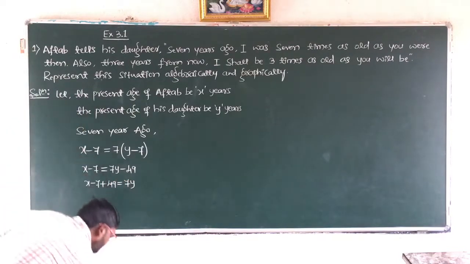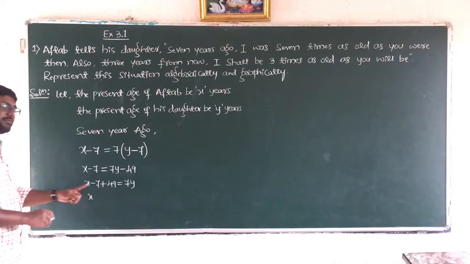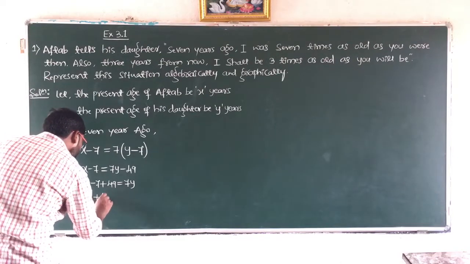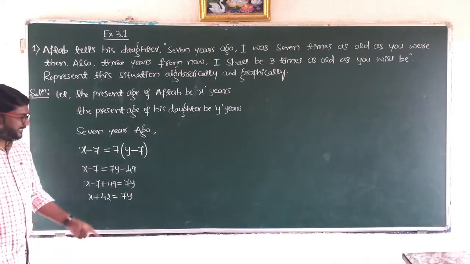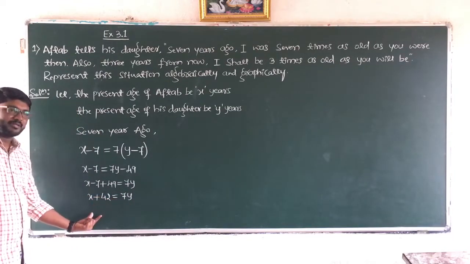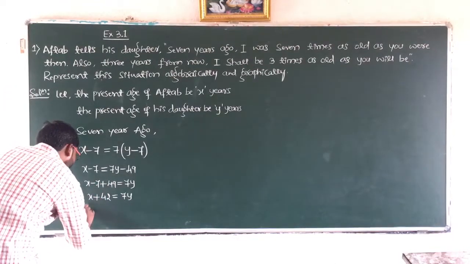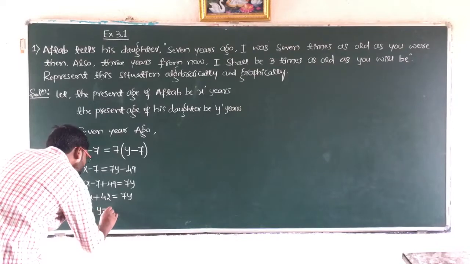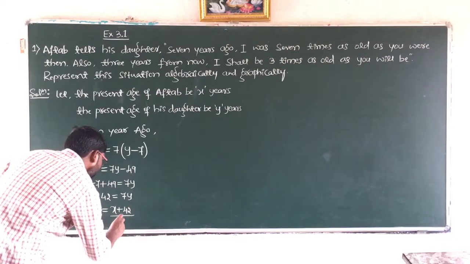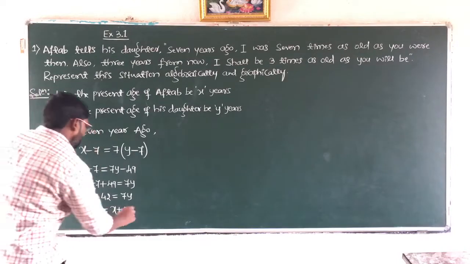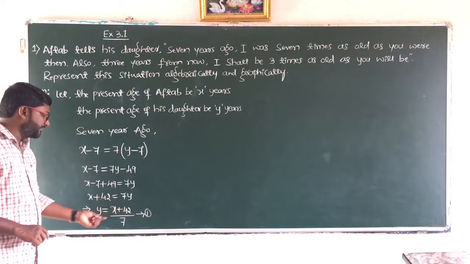In the next step you take 7 to the other side, it goes to the denominator. Y is equal to X plus 42 divided by 7. I call this equation number 1. Later we'll write the table for this equation.